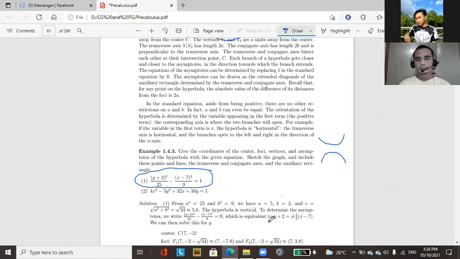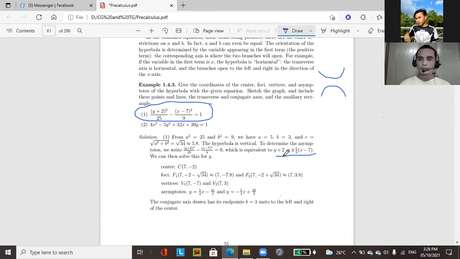We change 1 to 0, which is equivalent to this equation. So therefore, if we transpose, we have two equations, plus and minus. We will no longer discuss this, you probably already know how to solve for the equation of the asymptotes. Okay, you can do it.